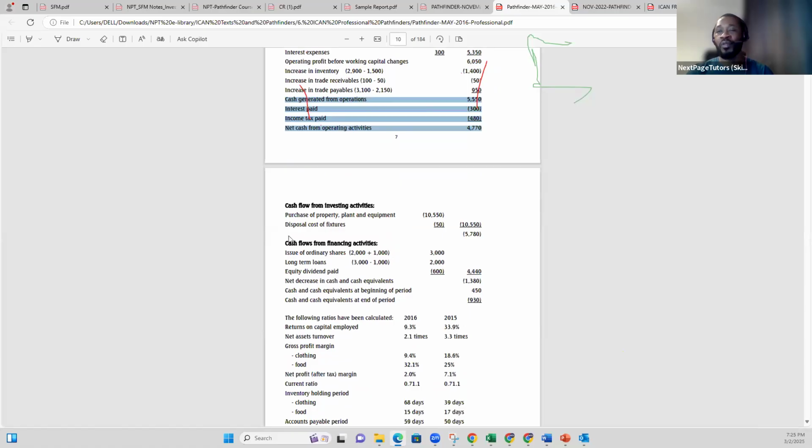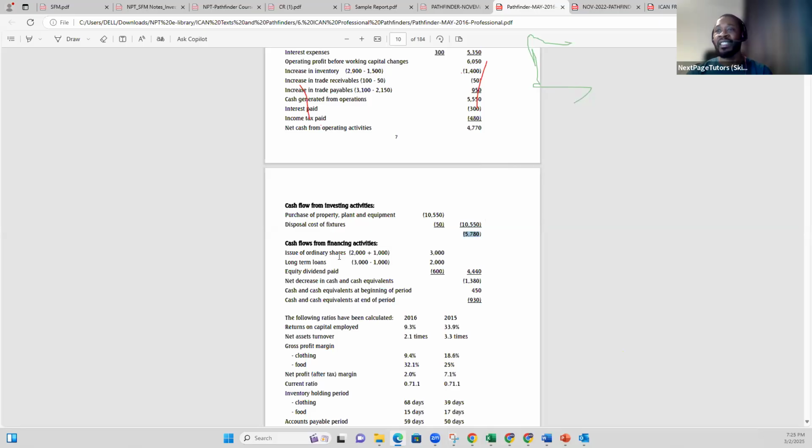On the cash flow, we see that they incurred a significant amount in purchasing property, plant, and equipment, and they disposed of fixtures which amounted to a very insignificant amount. Overall, they incurred a significant amount in their investing activity, and that led to a negative investing activity amount.